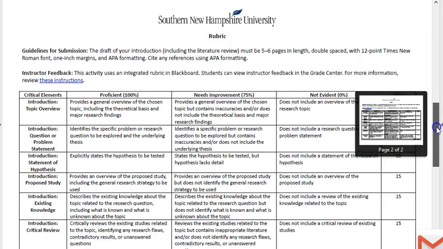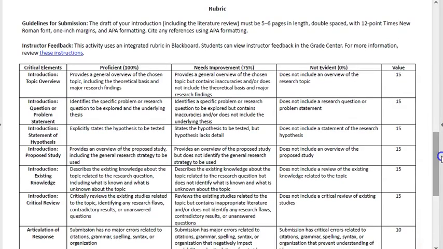And let me scroll down to the rubric. Just to point out, introduction should be about 5 to 6 pages in length. Remember to adhere to the APA guidelines for in-text citations, for your reference list, and within the paper, make sure you use 12-point Times New Roman font.